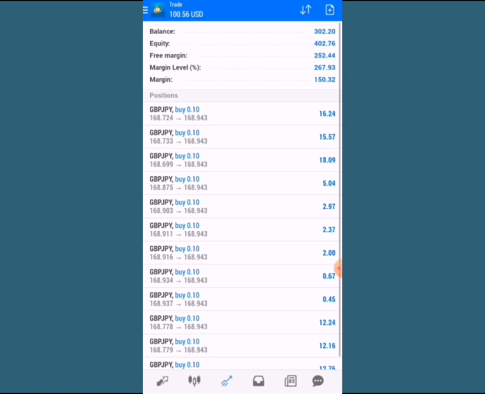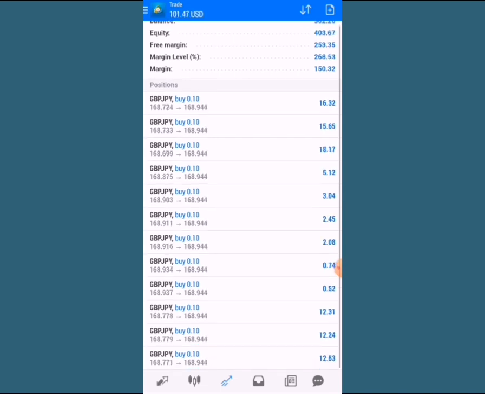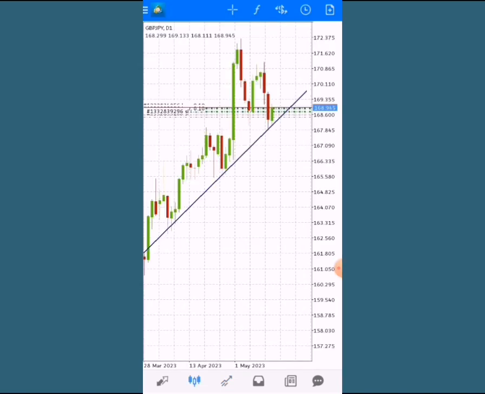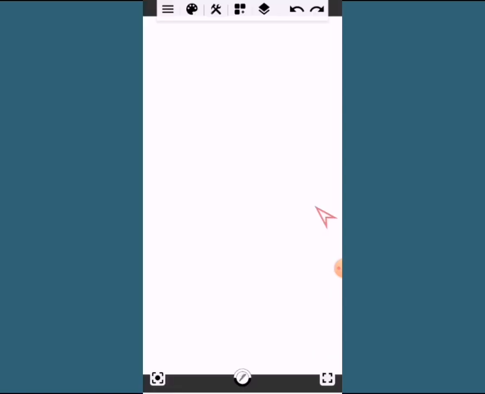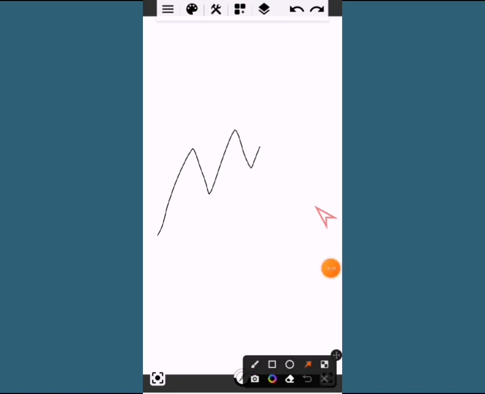Now let me show you how to enter multiple trades like this, a very important topic. Let's say price is on an uptrend, or let's just say you find your entry right there, okay? You place your trade right there and you are hoping that price is going to shoot up.